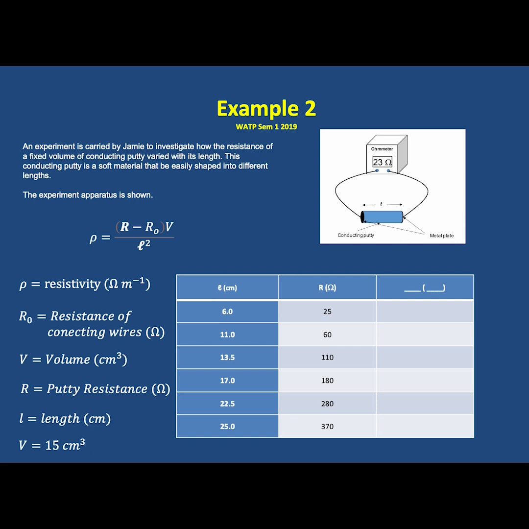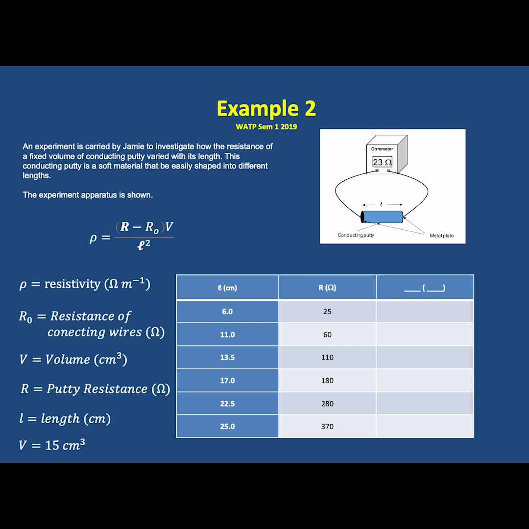Resistivity, ρ, is equal to R minus R naught, all in brackets, multiplied by volume, divided by L squared. So let's walk through that. Resistivity, ρ, on the left-hand side of the equation. That's a Greek letter ρ. That's a constant. On the right-hand side of the equation, we have our first variable, resistance, R. Subtract R naught.